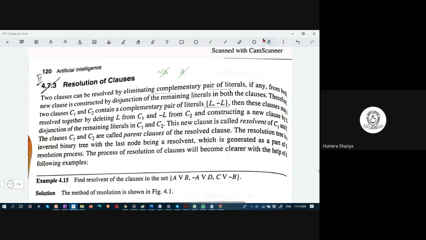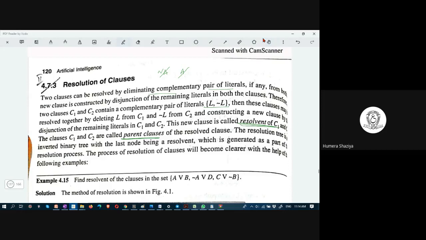If C1 has L and C2 has not L, they can be eliminated, and it results in the construction of a new clause by the disjunction of the remaining literals in C1 and C2. This new clause is called a resolvent of C1 and C2. The clauses C1 and C2 are called parent clauses of the resolved clause.